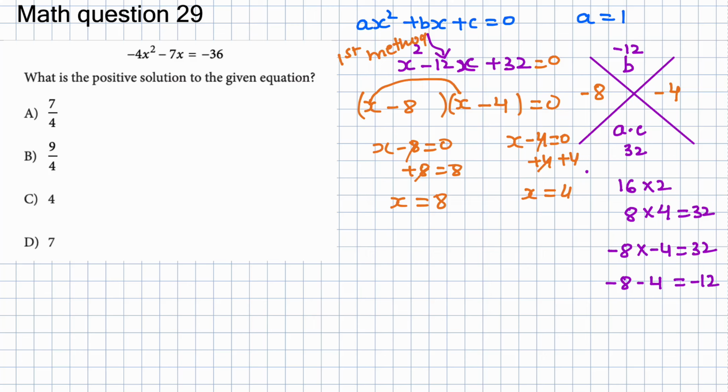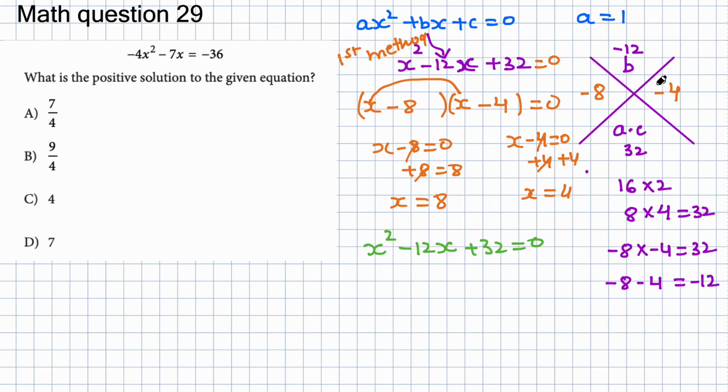See it step by step carefully. I'll write the question one more time: x squared minus 12x plus 32 is equal to 0. Until finding the two numbers, it's the same in method 1 as in method 2.